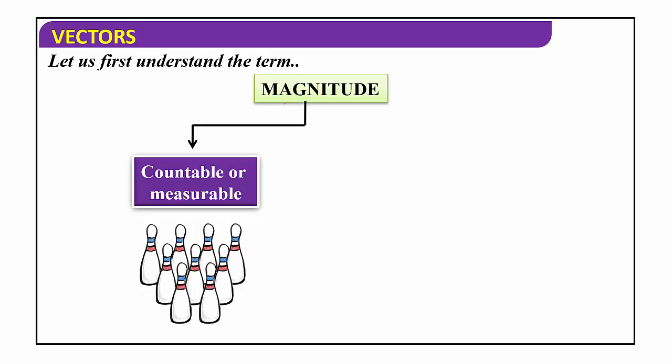Magnitude means countable or measurable. You know the game like bowling, and these are the pins. How many pins are there here? You can count 1, 2, 3, 4, 5, 6, 7, 8, 9. So easily we can count these pins. Totally there are 9 pins. If it is countable, if it is measurable, then we can say that this is a magnitude.